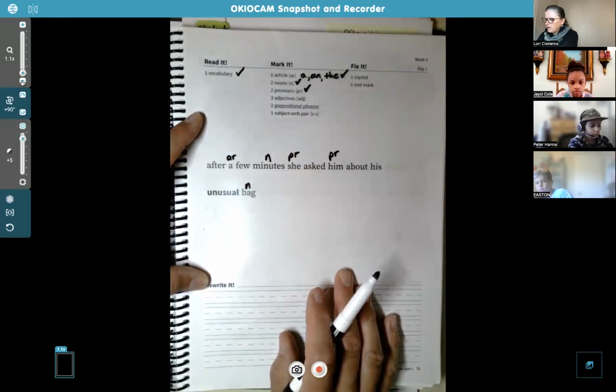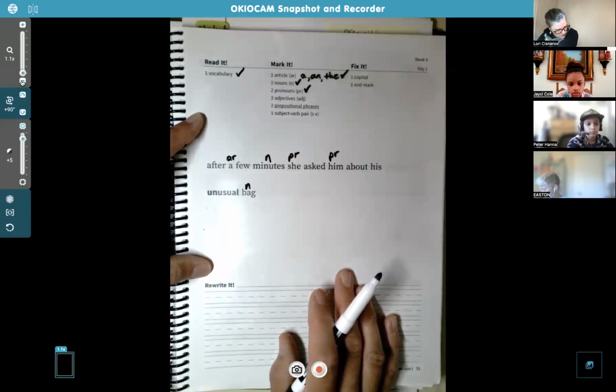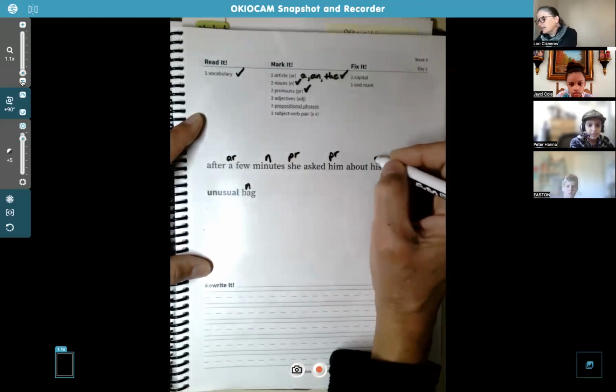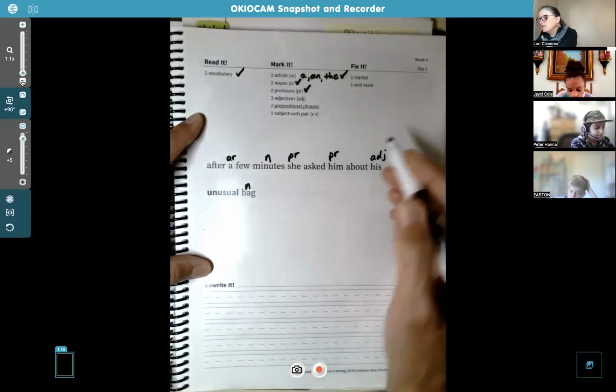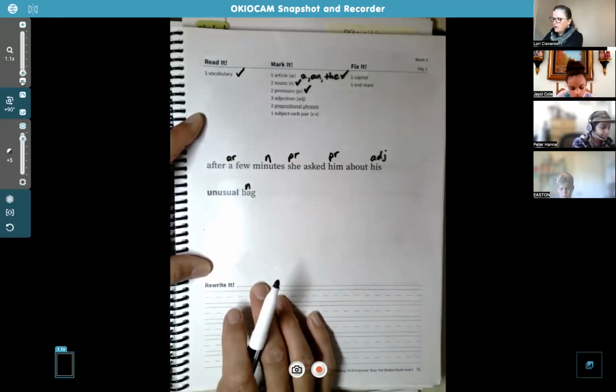And then Peter, what about the adjectives? So that's when you look at the nouns and you look for, is there something that tells which one or how many before the noun? His. Good. And that is an adjective because it's telling whose bag. You're right. His bag. But there's a couple more adjectives here.